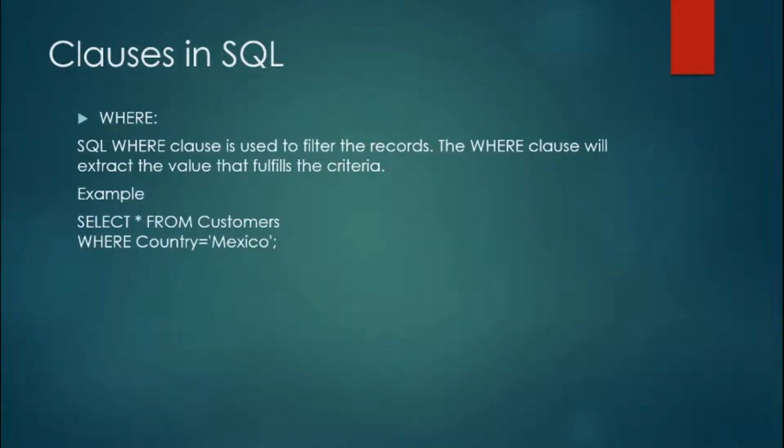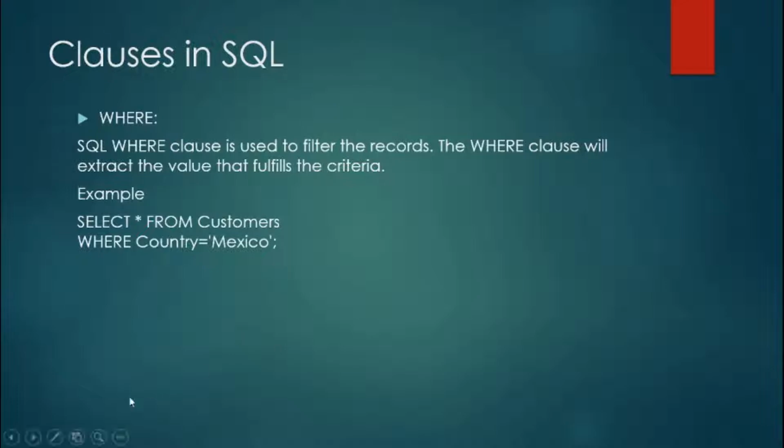First we will start with the where clause. The where clause is used to filter the records. It's similar to the filter that you use in Microsoft Excel, where you put the filter, select the criteria, and then you get the result. In the query, you have to provide the filter criteria.